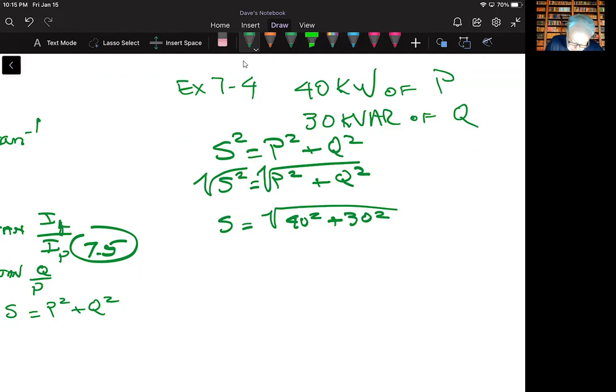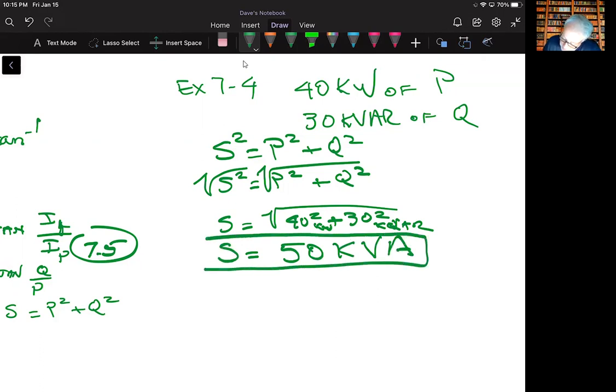We've been around that long enough, the classic 3-4-5 that we do when we're learning that relationship. If this is 40 kilowatts and this is 30 kVAR, then this is going to be 50 kVA for apparent power. And again, this is the vector sum of the reactive and active power.